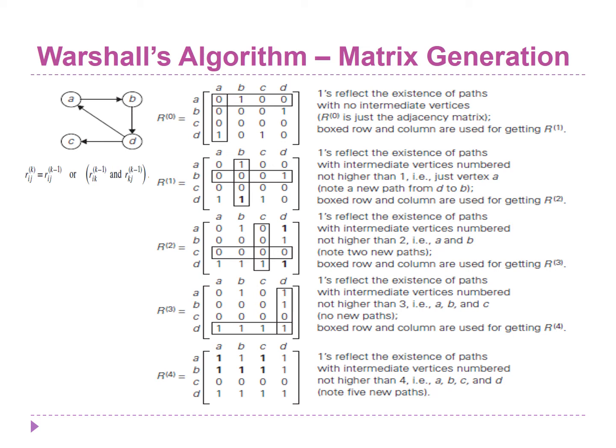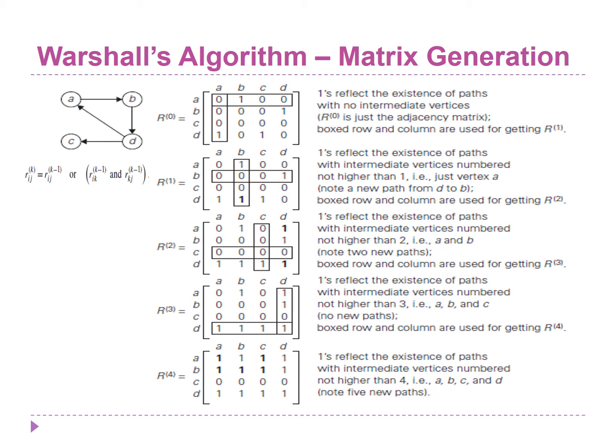Hence, finding the AND between these values, at R1, the value at the Dth row and the Bth column is 1, which represents there is a path of length 2 between D and B. We could verify that in the graph.